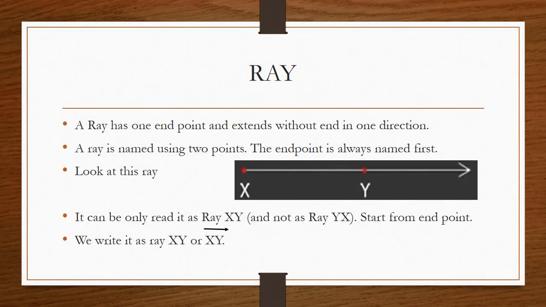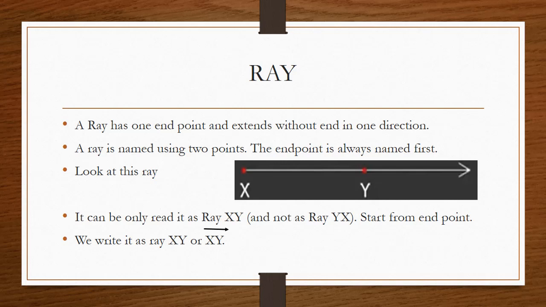A ray has one endpoint and extends without end in one direction. A ray is named using 2 points. The end point is always named first. Look at this ray. In this, the end point is X and it's moving without any end in another direction.